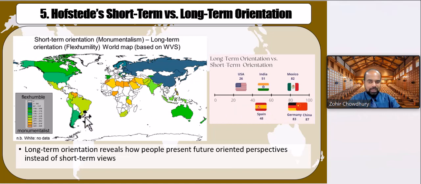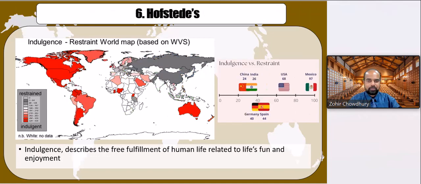And on the other hand, you have short-term perspective countries that are in green, US, Canada, some of the European countries, as well as India, have more short-term orientation in this index.